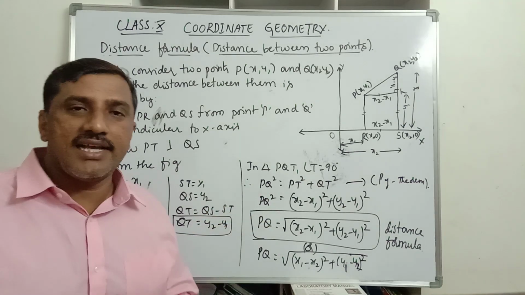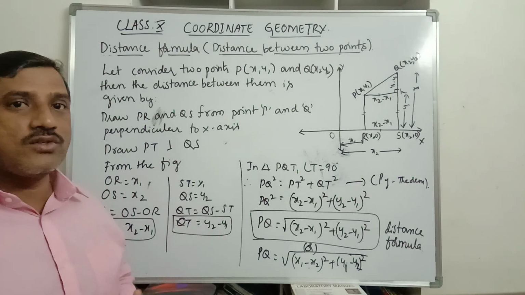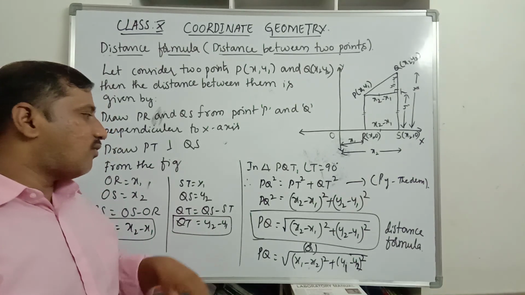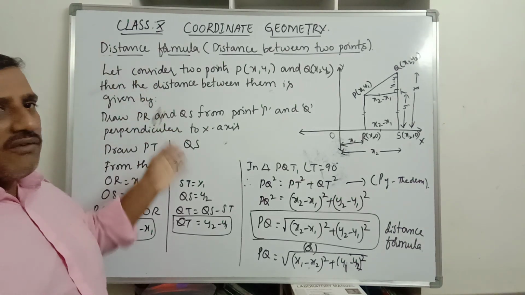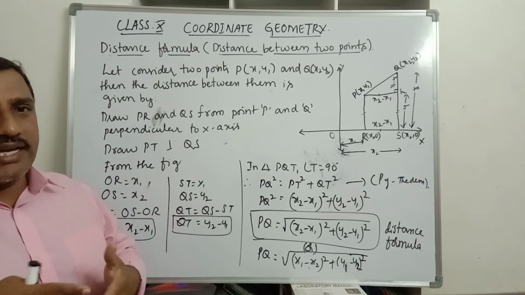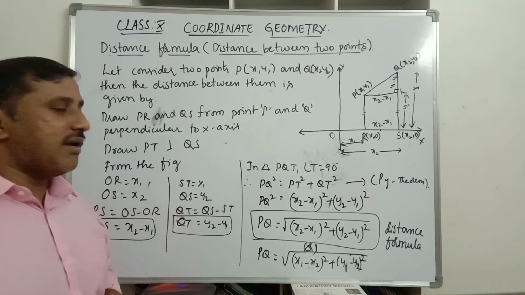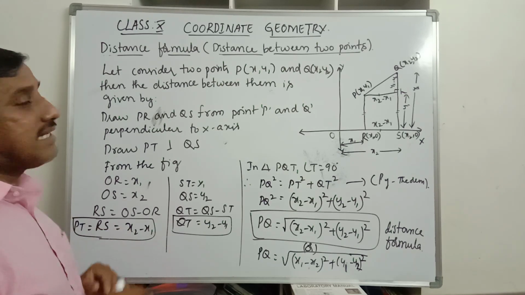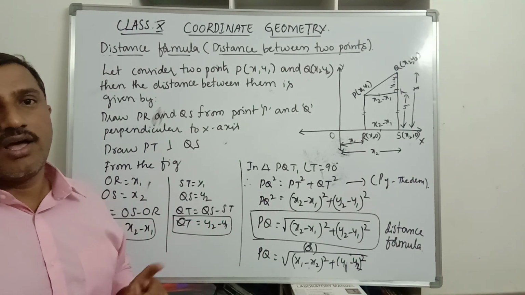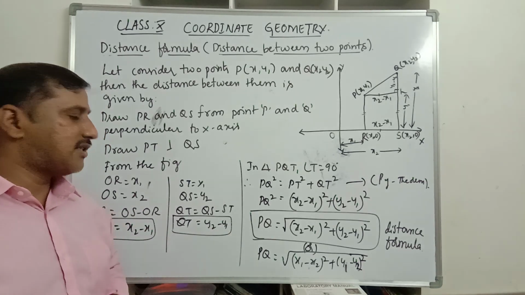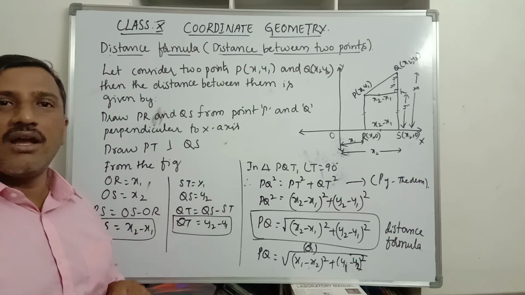All whatever we studied, that is case 1, case 2, case 3, case 4, we can also derive from this formula itself. That's why it is known as the distance formula. Remember, the distance PQ is equal to the square root of x2 minus x1 whole square plus y2 minus y1 whole square. With this knowledge, we will solve some questions.